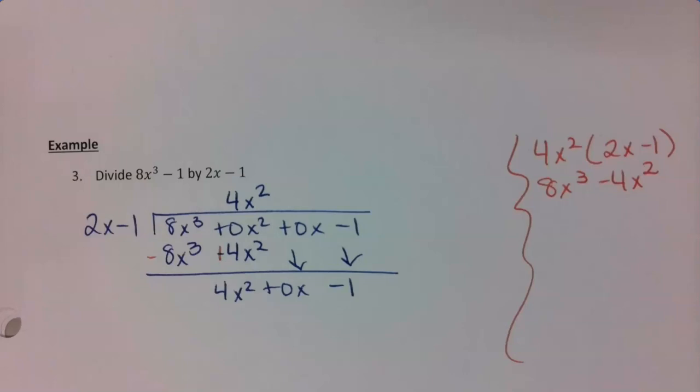Okay, then I'm looking for what I need to multiply 2x by to turn it into 4x squared. 2x.